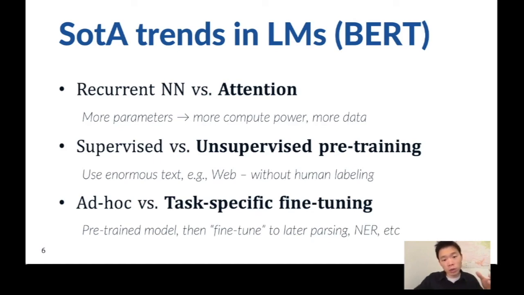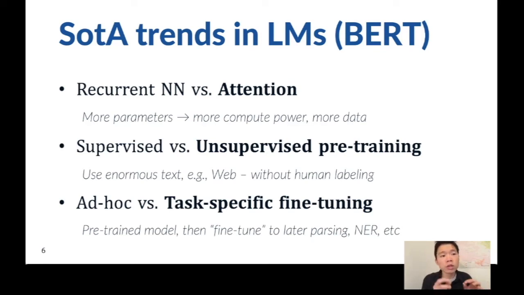Now, instead, we're starting with the language model from BERT and then fine-tuning on top of BERT to do a task like parsing or named entity recognition, or even things like part-of-speech tagging or chunking. So lots of the things that we want to do are possible using a base of BERT.